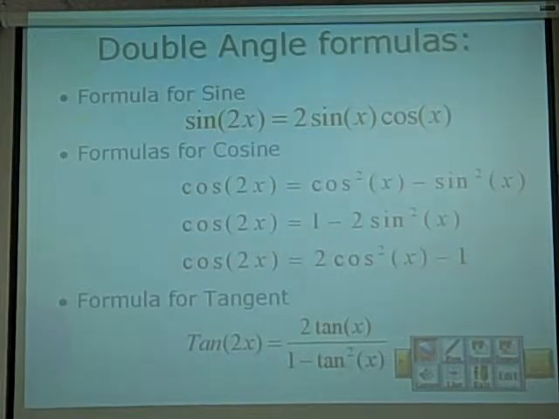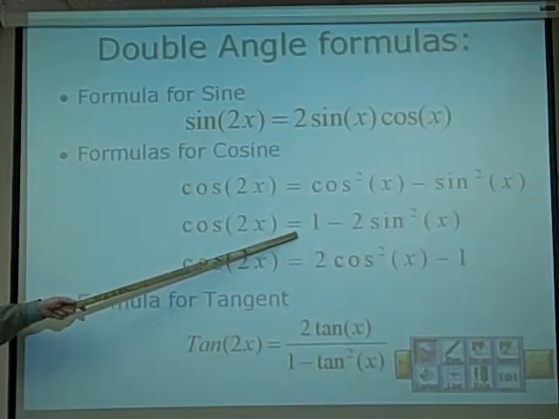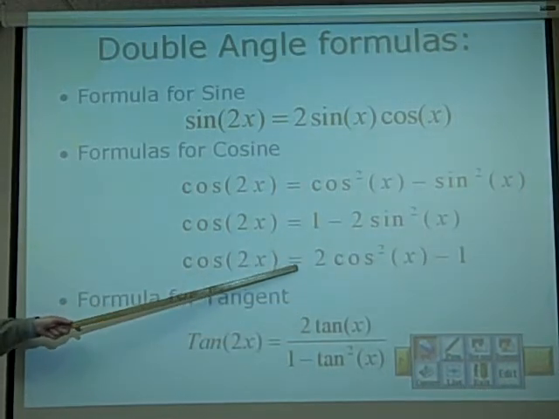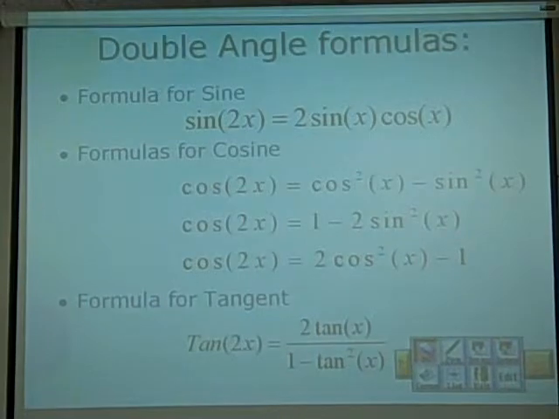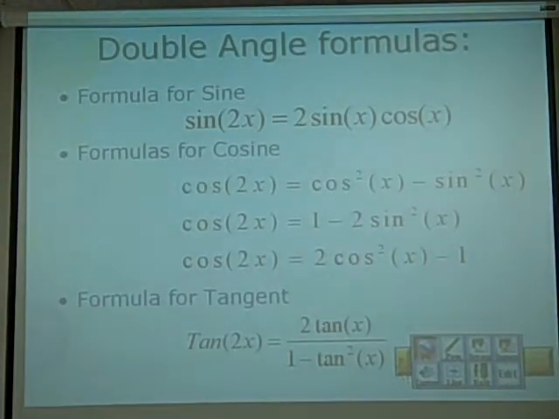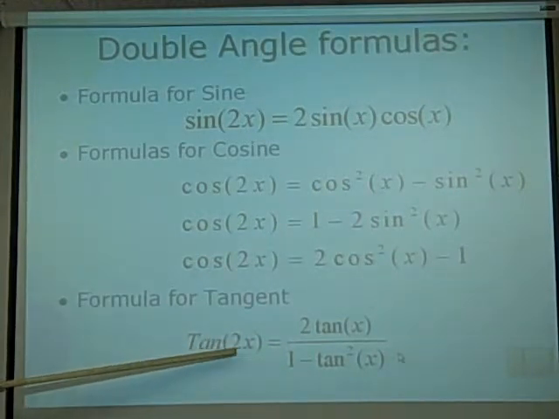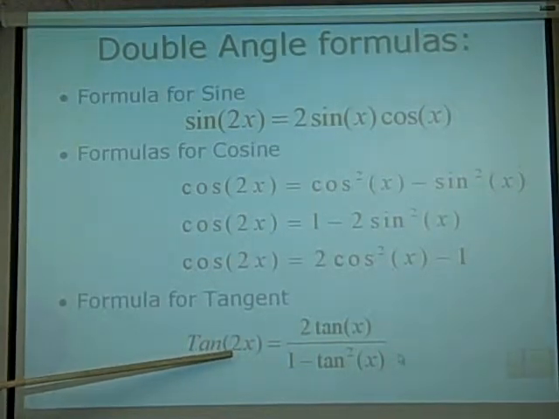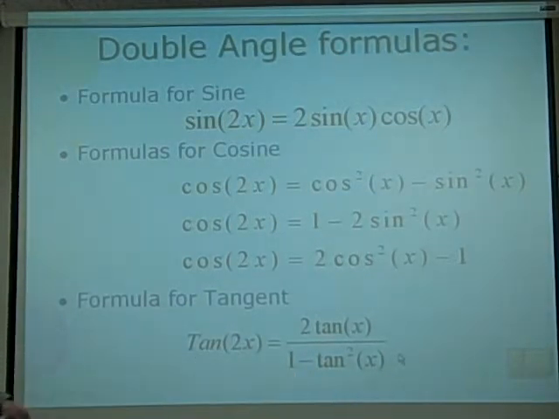So just remember that you have 1 minus 2 sine squared, and the other one is 2 cosine squared minus 1. And then for tangent, the double angle formula is tangent 2x is 2 tangent x over 1 minus tangent squared x.